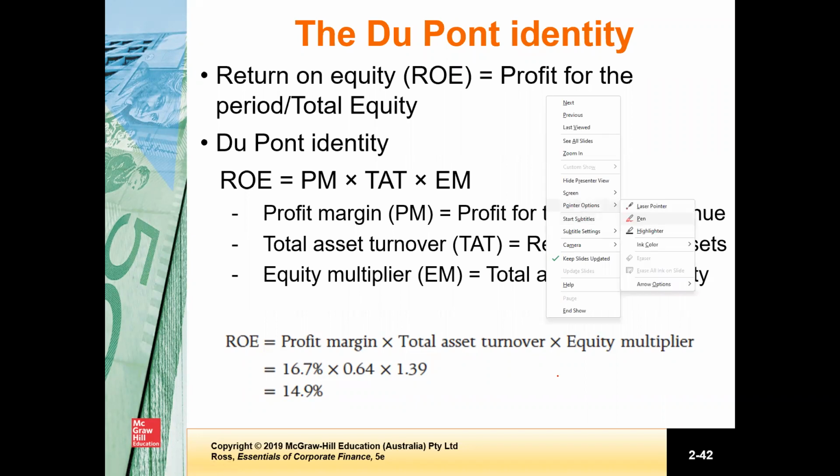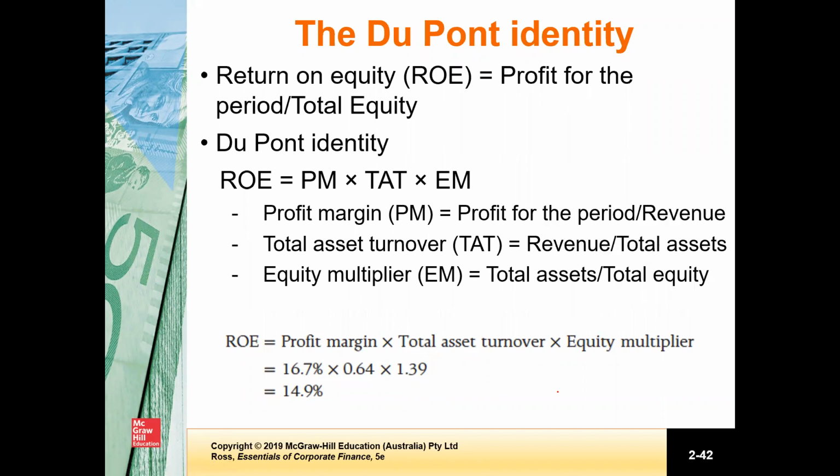And in this video, I'm going to discuss the third learning objective of chapter 3, the determinants of firms' profitability and growth. We will start with the DuPont identity.